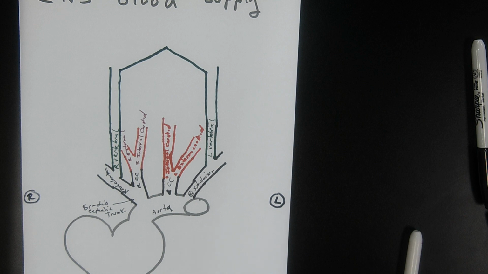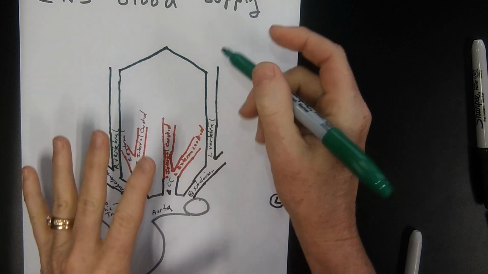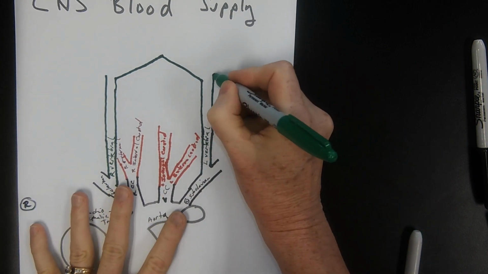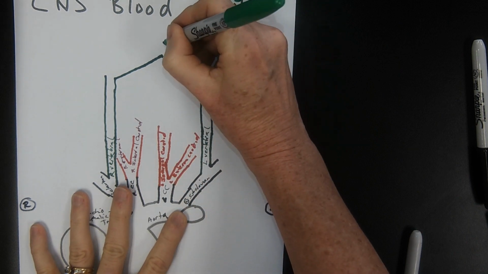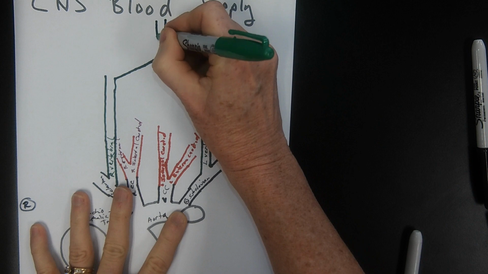We'll look at that a little bit more closely. But that's called the pontomedullary junction. So left and right vertebral ascend upward toward the brain, and then about the level of the pontomedullary junction, which is here, they come together to form one artery.